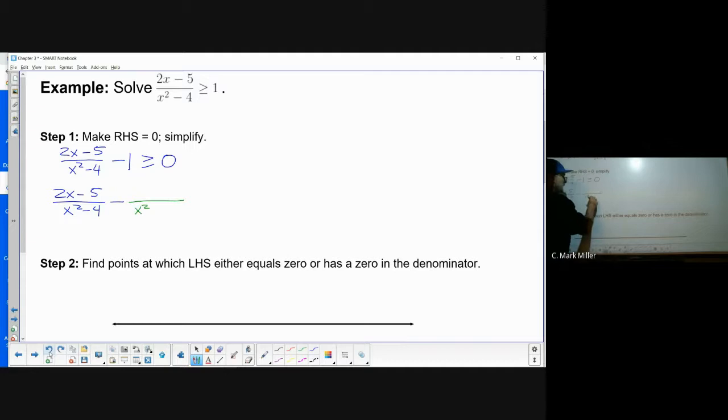We need x squared minus 4 in the denominator. Any questions on that? Because x squared minus 4 is our common denominator. And so we're going to rewrite 1 as x squared minus 4 divided by x squared minus 4. Notice that equals 1. All right? And that's going to be greater than or equal to 0.